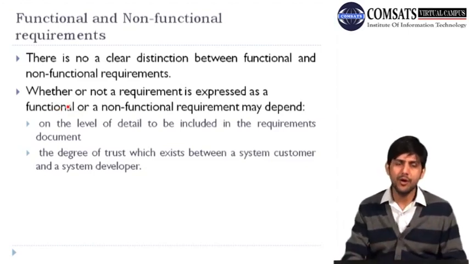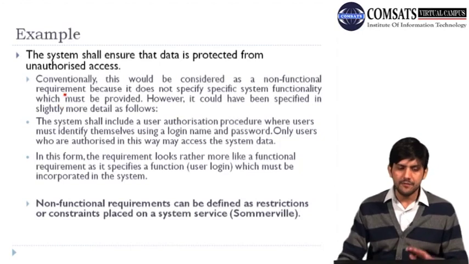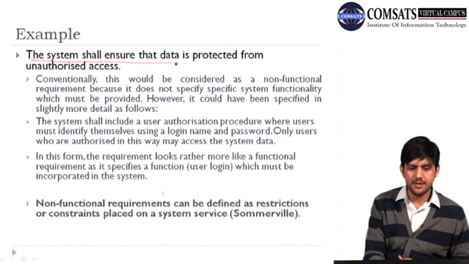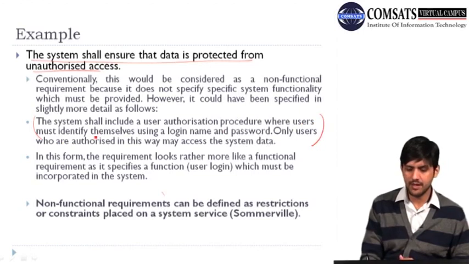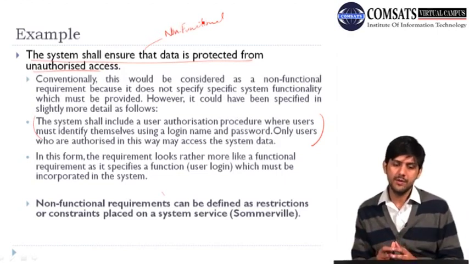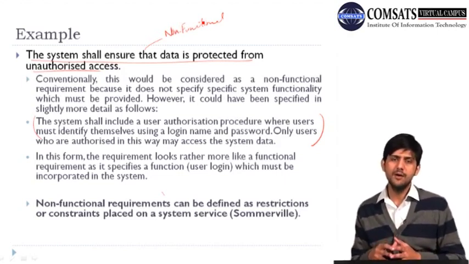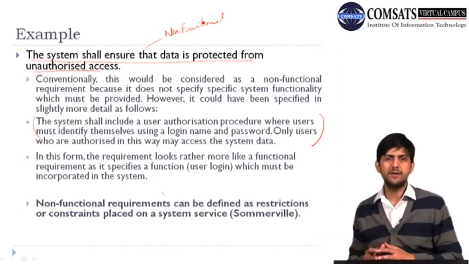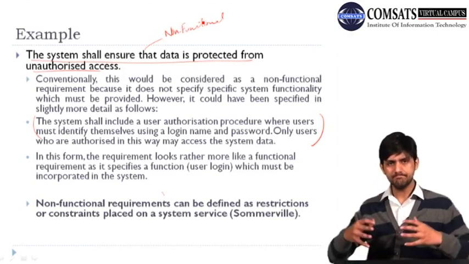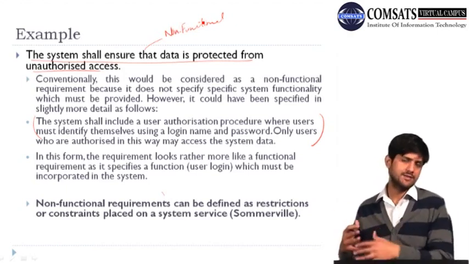This is very important, because if the requirement is written in this fashion, then the level of detail is different than in this particular case. Whereas this sounds like a non-functional requirement, maybe the client and the system developer have a very good understanding, and the client knows that when I give my contractor this particular user requirement, he would mean that I want this authentication procedure.